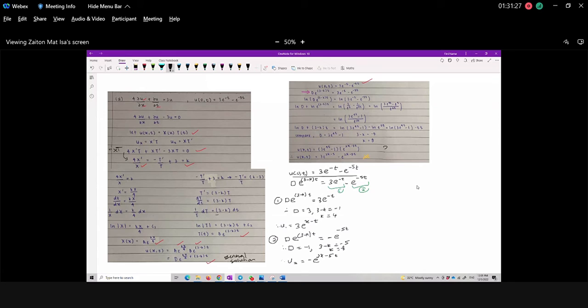So finally, u(x, t): take the u1 with the 3 e to the power of x minus t, and then minus e to the power of 2x minus 5t.